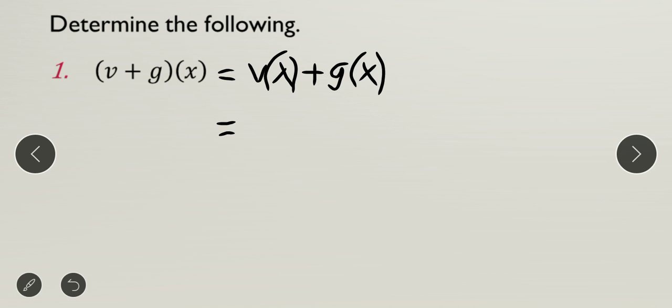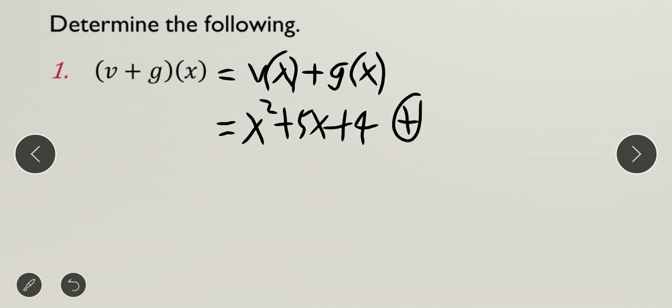Now next thing to do is we are going to substitute the corresponding function for v(x), which is given as x squared plus 5x plus 4. Copy the addition operation. g(x) has a corresponding function of x squared plus 2x minus 8.